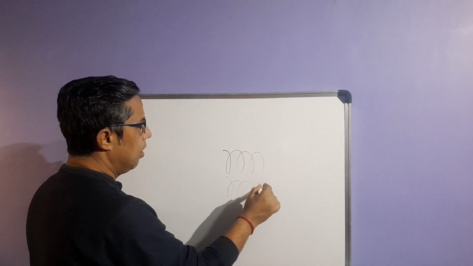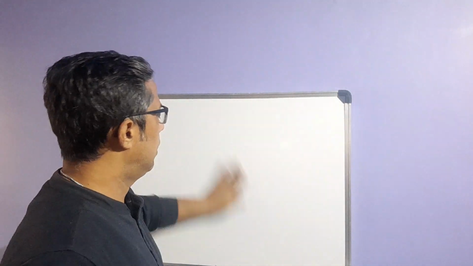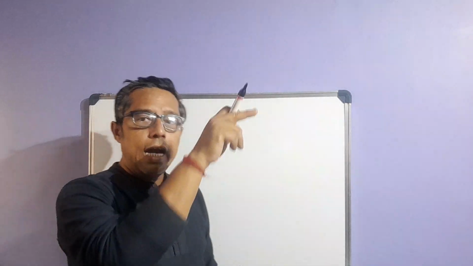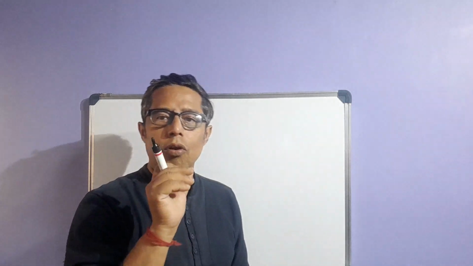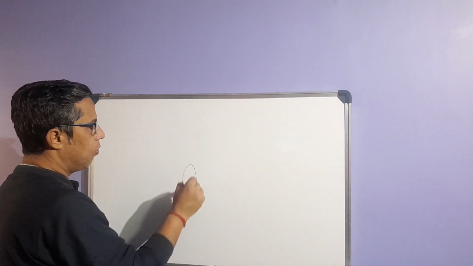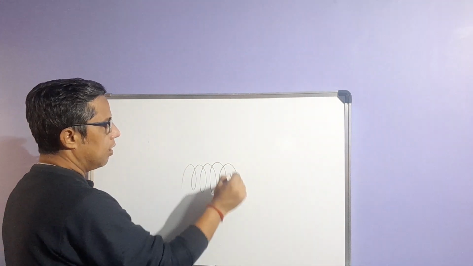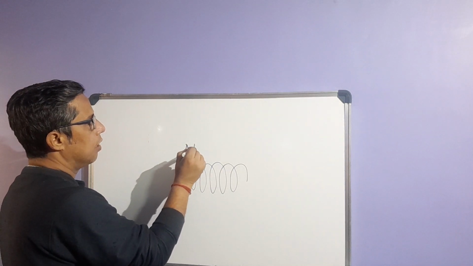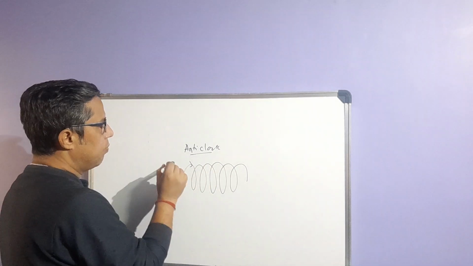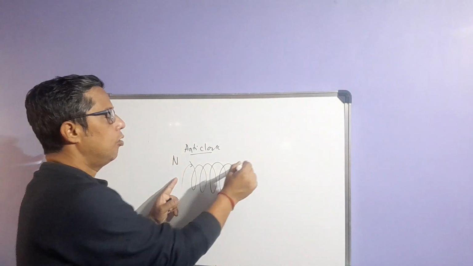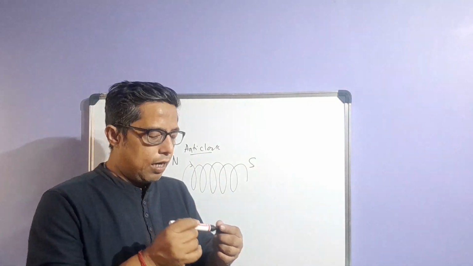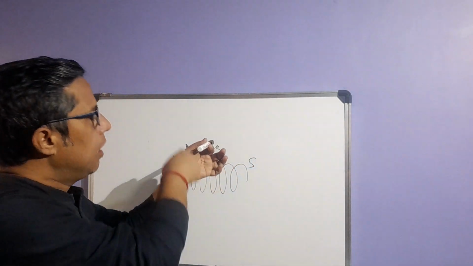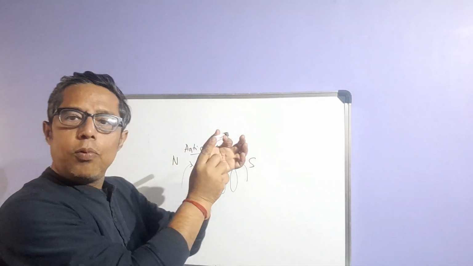When you look at the coil, if the current in the coil is in the anti-clockwise direction, that face will be the north pole, and the other face will be the south pole.